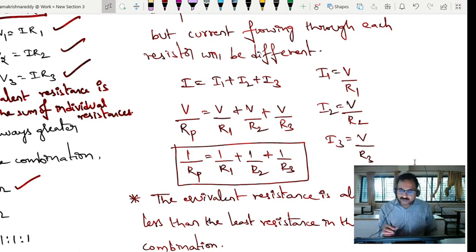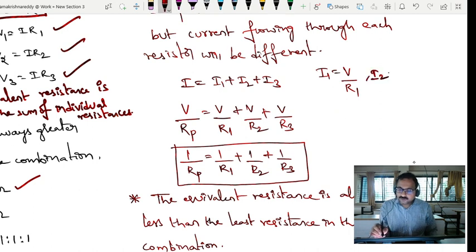So what is the meaning of this? 1 by Rp is equal to 1 by R1 plus 1 by R2 plus 1 by R3.